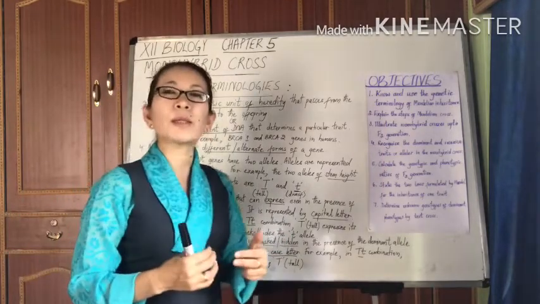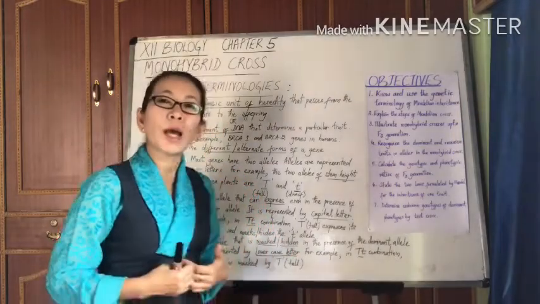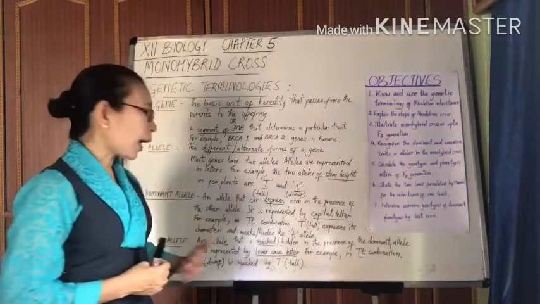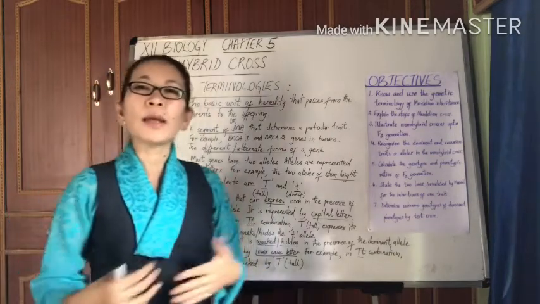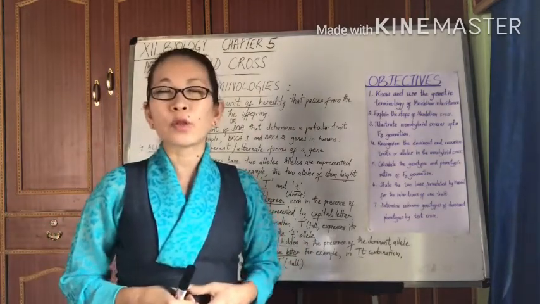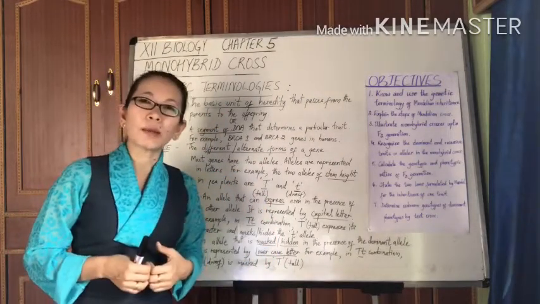So capital T, because it's able to express its character, that is, the plant is going to have tall trait, and the other allele, which is the small t, is masked by the presence of capital T. So capital T or the tall allele becomes the dominant allele.